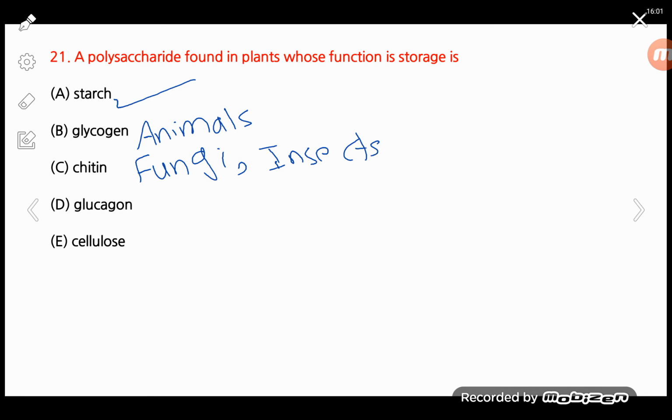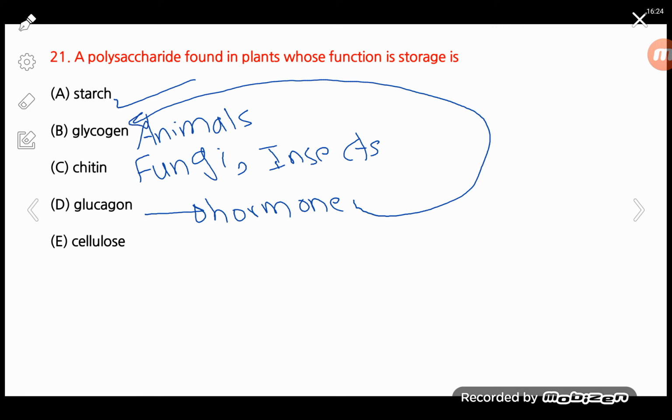Glucagon is not a polysaccharide, it's a hormone. It's a hormone whose function is opposite of insulin. When we become hungry or when we are fasting, the glucagon hormone will be activated and it will break down the glycogen in order to provide energy to our body when we are not eating for 10 or 15 hours.